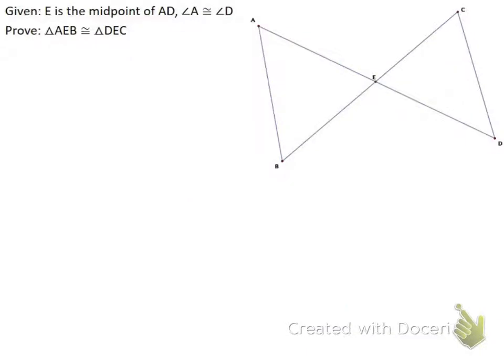With the next one down, on the bottom, again, same thing. So I'm going to go through. First thing is that E is the midpoint of AD. And angle A is equal to angle D by my given.